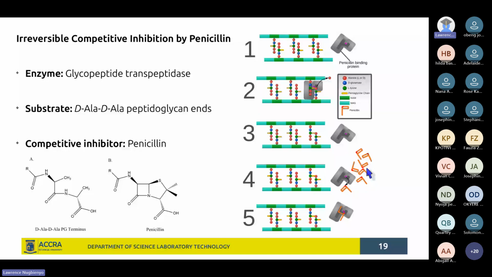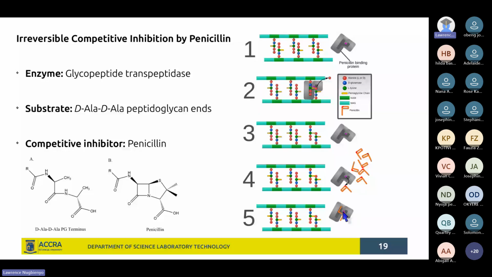But the moment that structure comes close to the penicillin binding protein, you have it opening up. So there's that reaction with the serine residue in the active site of the enzyme. And penicillin opens up and fits into the active site like an H. So it means that the active site is blocked.